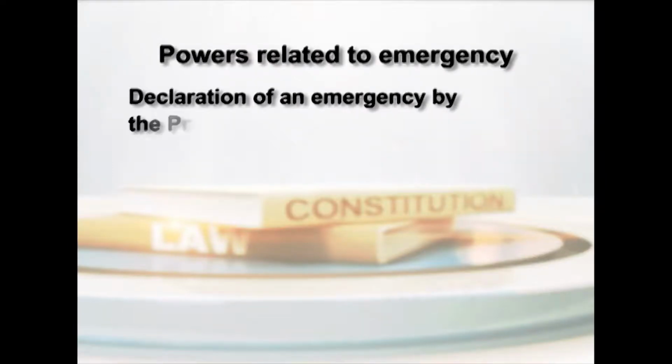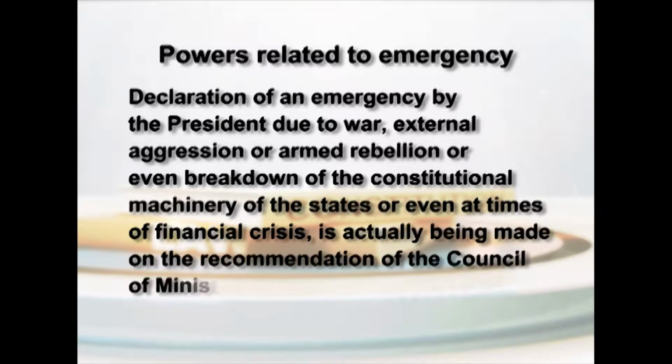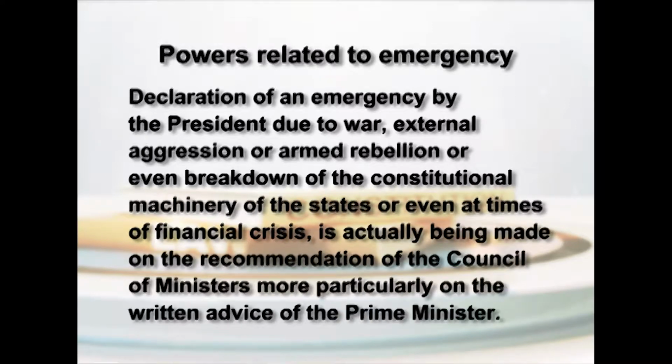So, the declaration of an emergency due to war, external aggression or armed rebellion, or even due to breakdown of the constitutional machinery of a state, or at times of financial crisis, is actually made on the recommendation of the Council of Ministers, more particularly on the written advice of the Prime Minister.